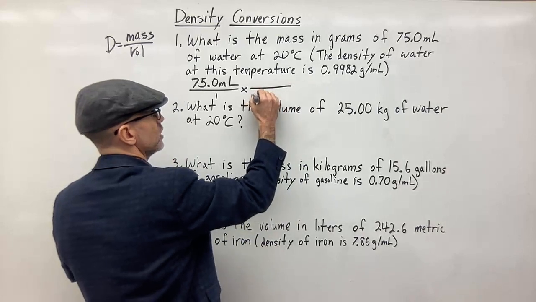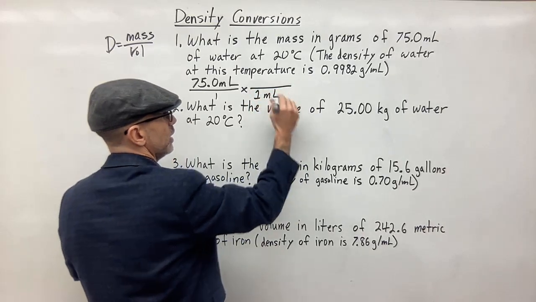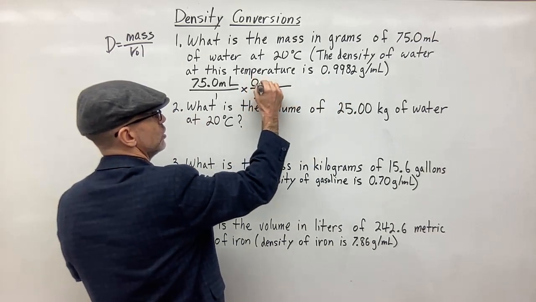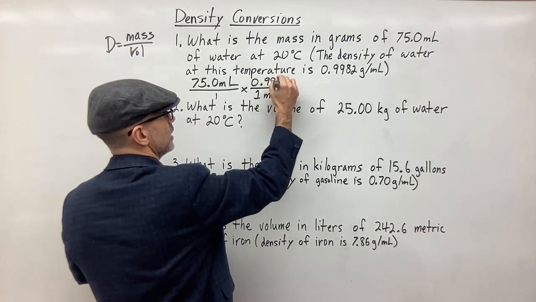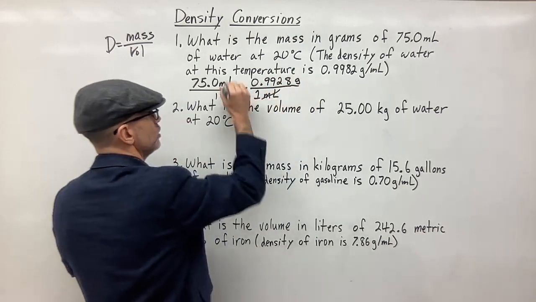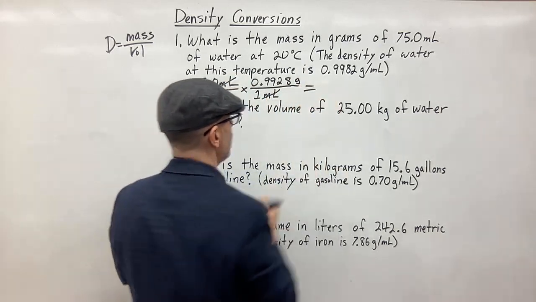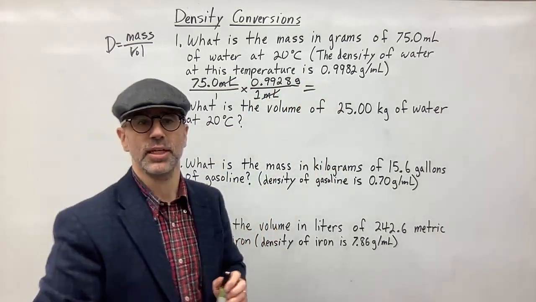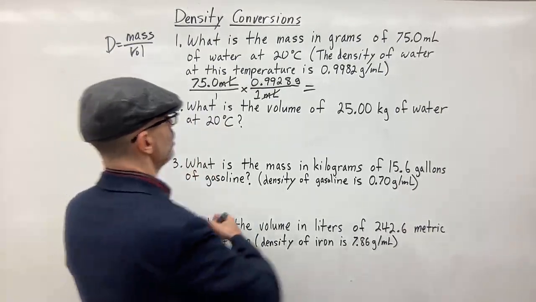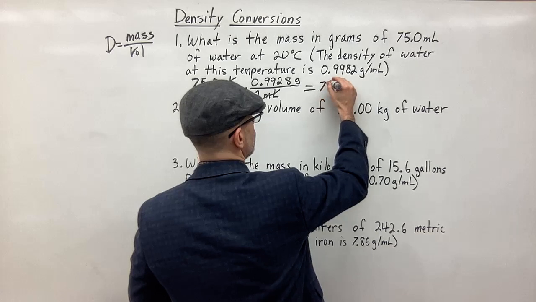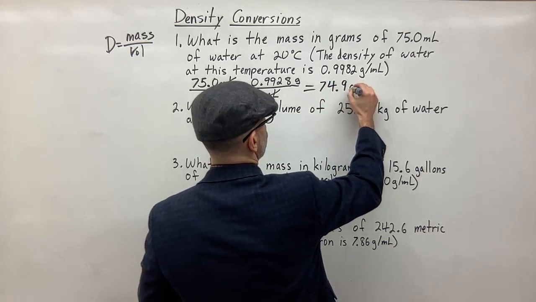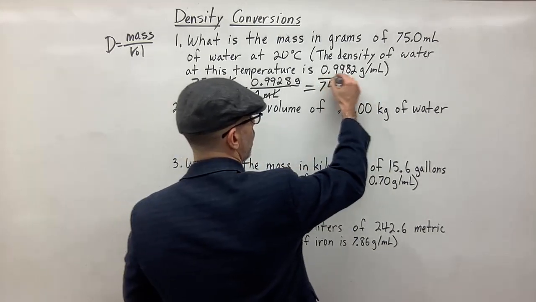So 1 milliliter is going to go on the bottom, and the 0.9982 grams is on top. And that's grams. So milliliters will cancel out. And then when I calculate that out, I get 74.9 grams of water.